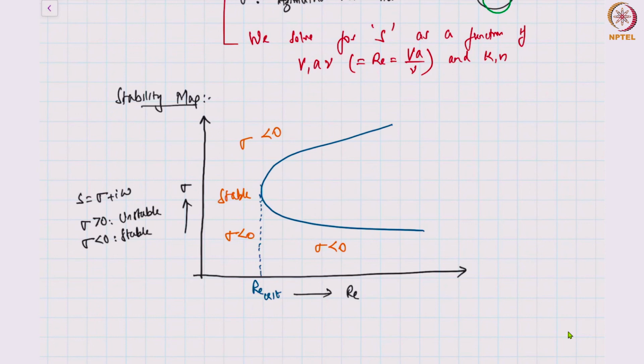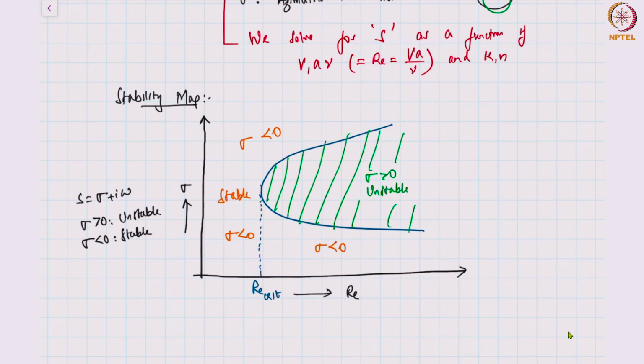But you can also have a region where sigma is greater than 0. This is unstable. And that is in line with our intuition, which says that if you're below a certain Reynolds number the flow is stable, but you have to push the flow beyond some criticality for the flow to become unstable.